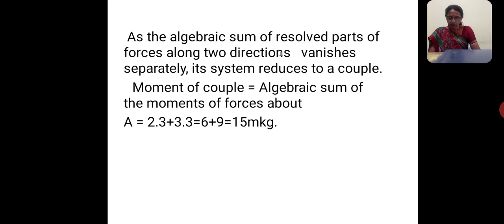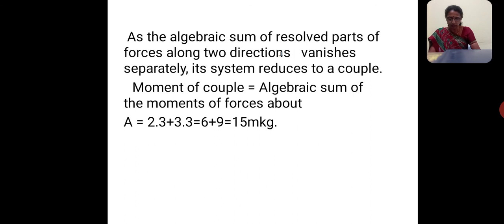The algebraic sum of the resolved parts of the forces along AD is equal to 1 into sin 0 plus 2 into sin 90 minus 3 into sin 0 minus 4 into sin 90 plus 2 root 2 into sin 45, that is equal to 2 minus 4 plus 2 root 2 into 1 by root 2, that is equal to 2 minus 4 plus 2 equal to 0.